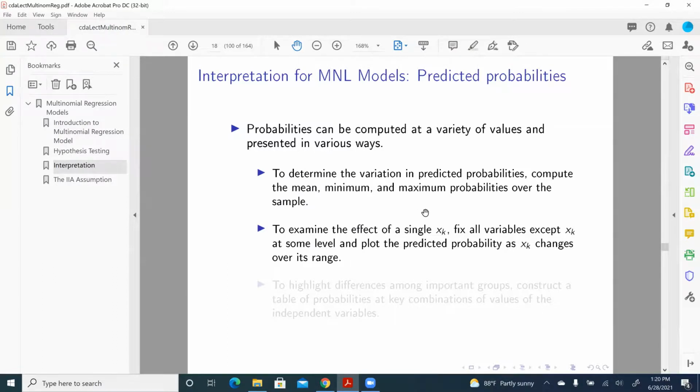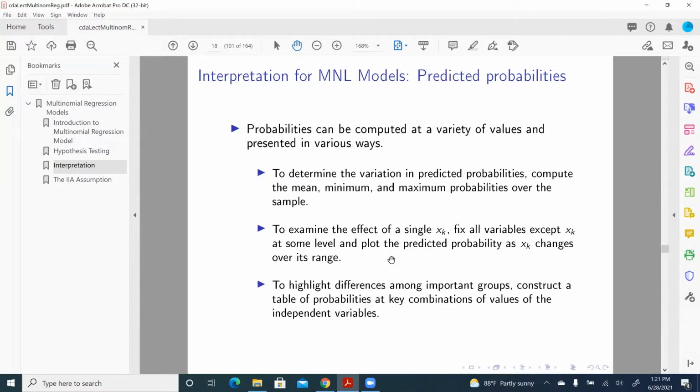To examine the effect of a single covariate xk, we can fix all variables except xk at some level and plot the predicted probabilities as xk changes over its range. Or to highlight the differences among important groups, we can construct a table of probabilities at key combinations of values of the independent variables, the covariates.